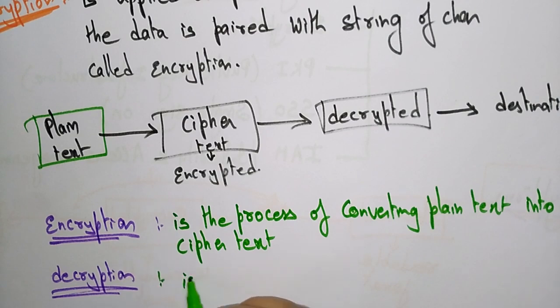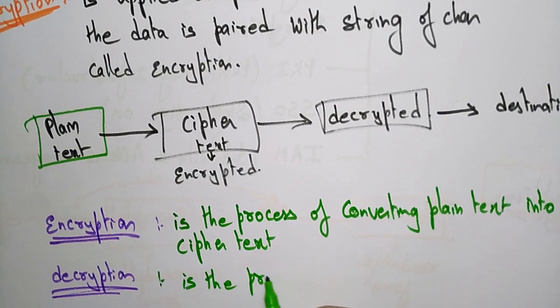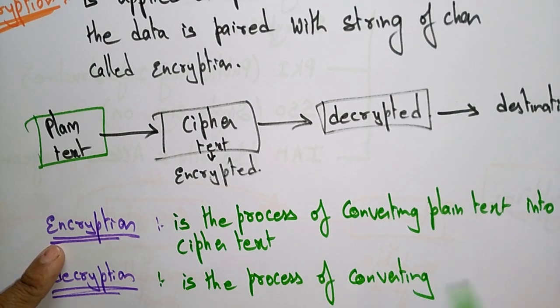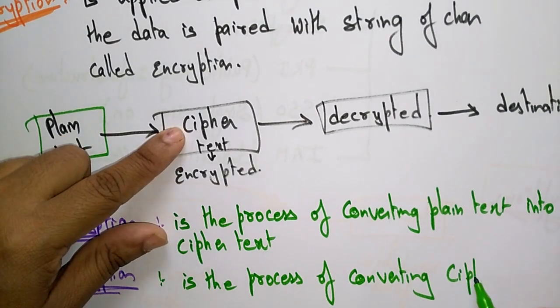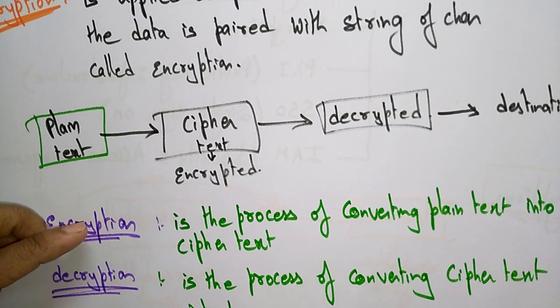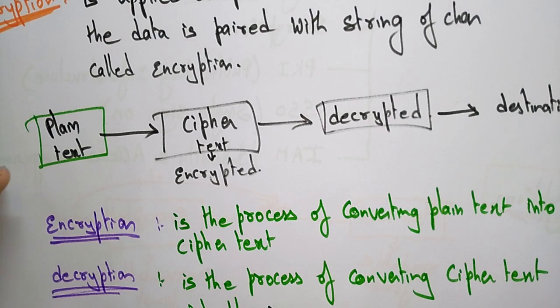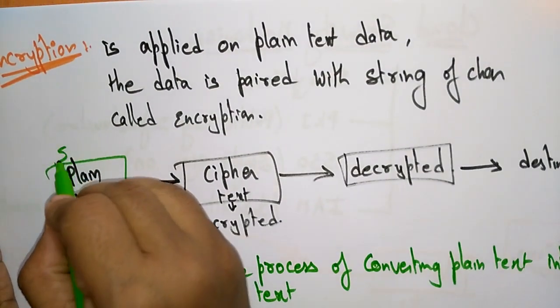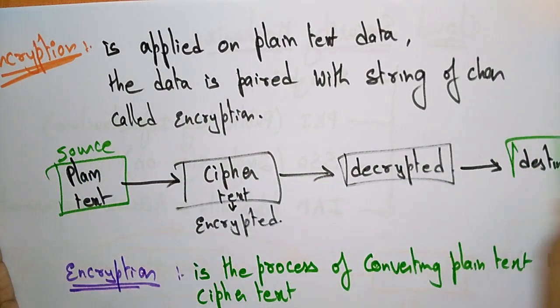Decryption is the process of, just the reverse of encryption, converting ciphertext into plain text, so that the destination, the receiver, can read what the data is. So this is the source and this is the destination.